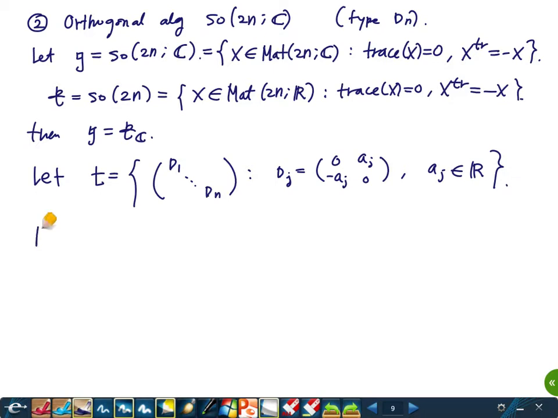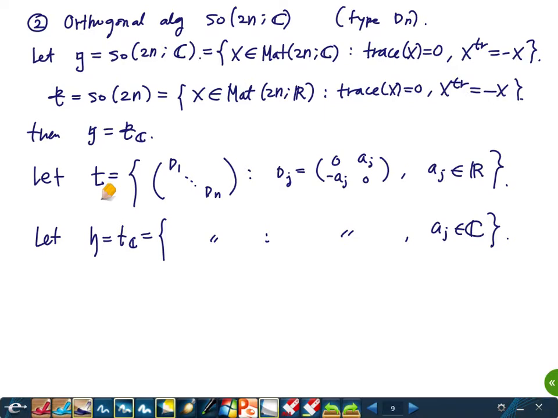And then, of course, we define h to be the complexification, which is really the same thing, except we now allow the entry a_j to be complex. Okay, we have to prove that this is a maximal commutative subalgebra, but we will postpone it a little later. We will prove this after developing a few properties of this.